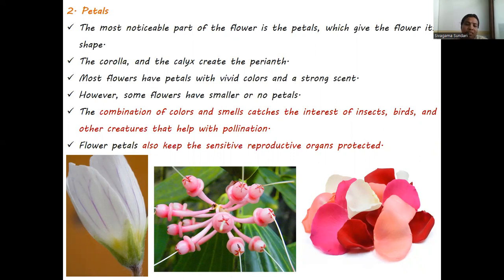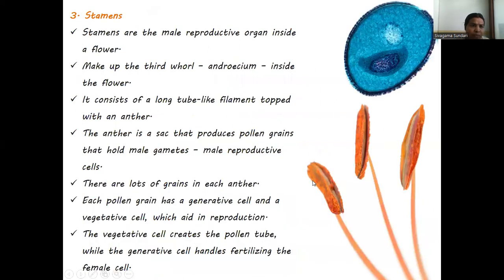Those that don't need the action of pollinators won't be brightly colored and highly scented. Petals also keep the sensitive reproductive organs, the androecium and gynoecium, that is the male and female sex organs, protected. The petals fold in shape to protect the sensitive reproductive organs until fertilization takes place.